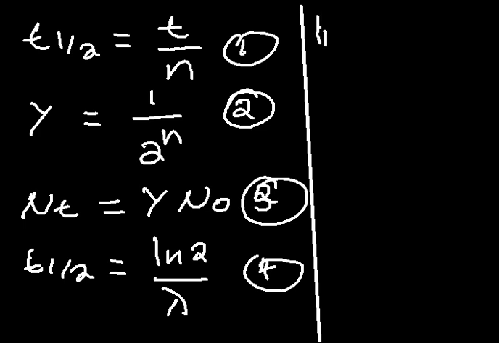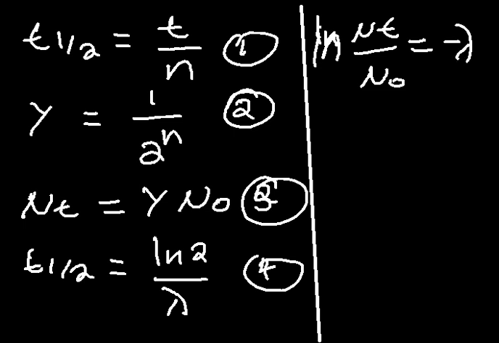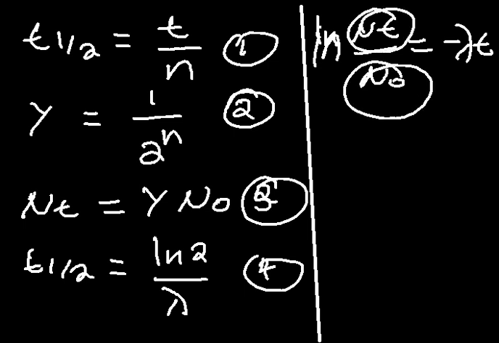We have it as ln of Nt divided by the initial contents, which is equal to negative lambda times t. So this formula can be used to find, let's say, the initial contents if we have the final contents, the decay constant, as well as the half-life.